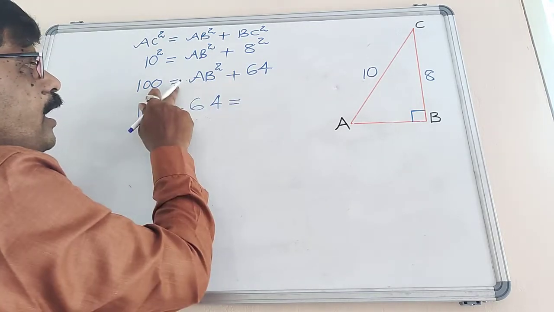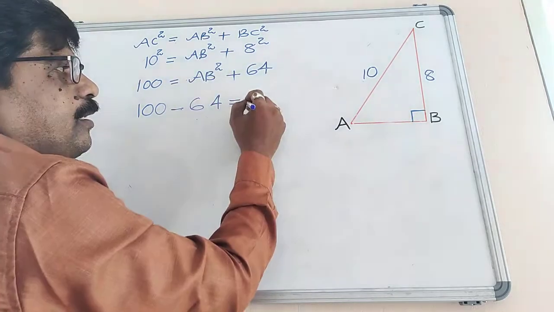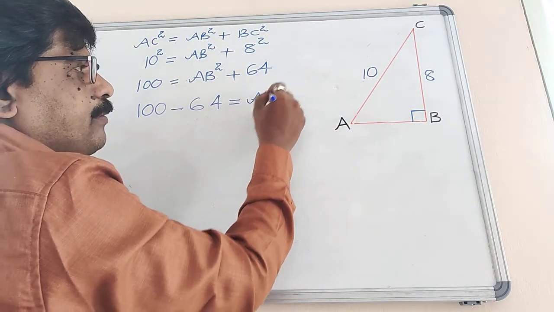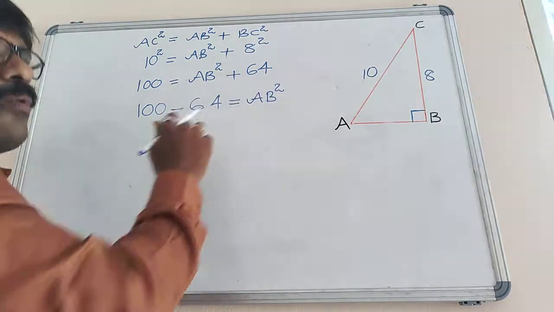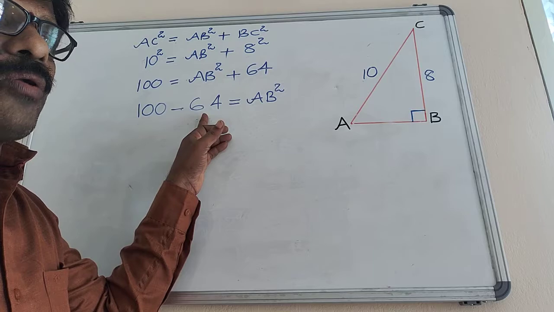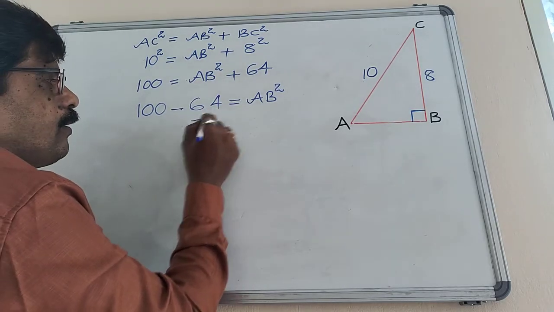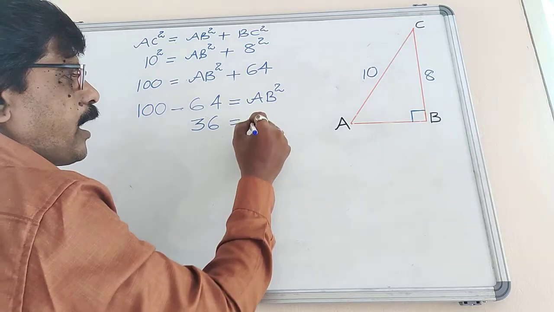So 100 minus 64 is 36, which equals AB square.